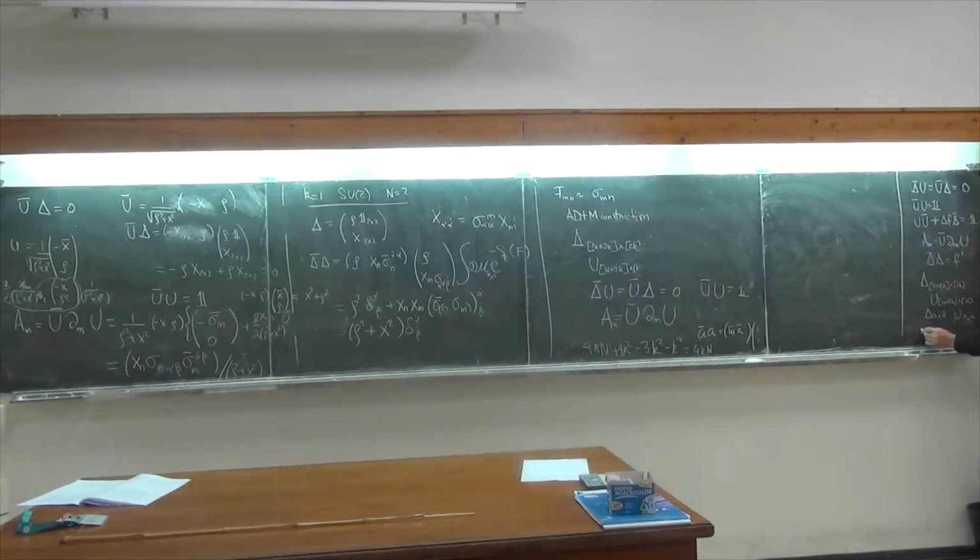And the index lambda runs over n plus 2k. Okay? And here u is going from 1 to n, i is going from 1 to k, and alpha dot is equal to 1, 2.